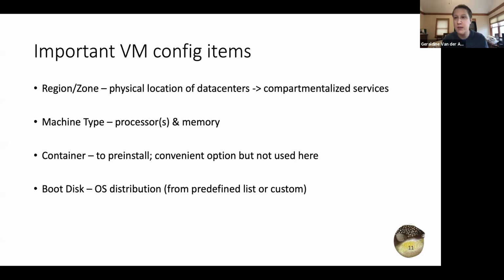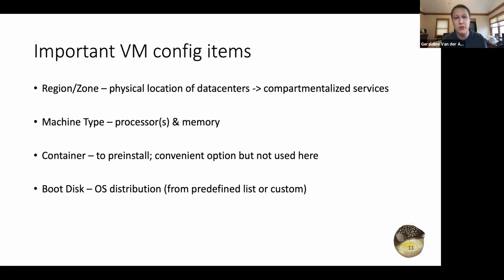Okay, machine type: what kind of processor you want, how much memory you want to give it. That's fairly straightforward. What's not so straightforward is that you can either give custom specs, or you can choose from a list. There's a whole menu of N1, N2, standard, pre-made bundles that you can select from.